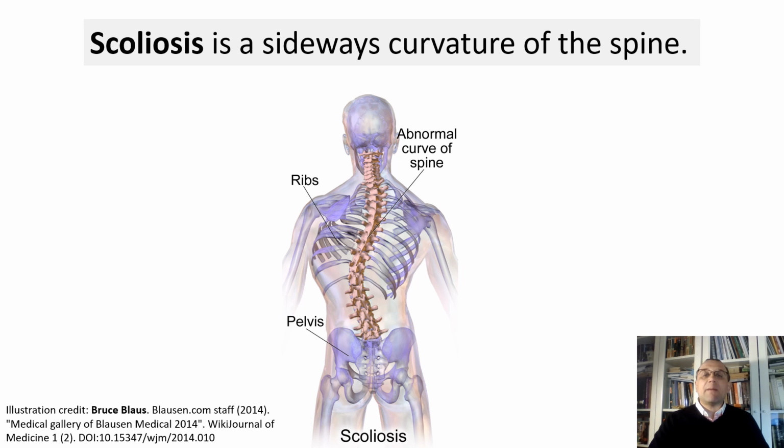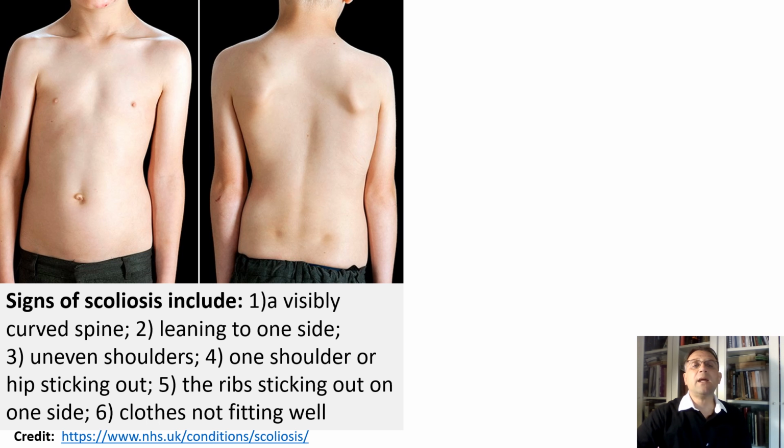Another problem that some people have with the skeletal system is abnormal spinal curvatures. Scoliosis is a sideways curvature of the spine. While scoliosis can occur in people with conditions such as cerebral palsy and muscular dystrophy, the cause of most childhood scoliosis is unknown. It can affect people of any age, from babies to adults, but most often starts in children aged 10 to 15.